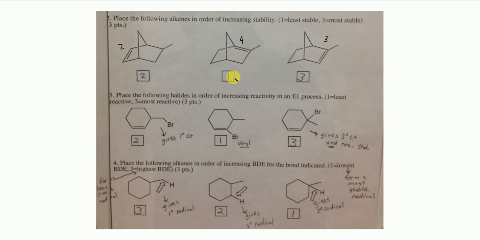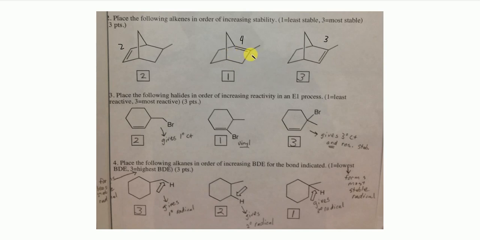The rule is that if your double bond is on the bridgehead carbon, the bicyclic compound must be at least, I believe, 7 or more carbons all the way around the ring. So this double bond is in a location we call the bridgehead carbon location, and for it to be stable there, the whole ring itself has to be 7 or more, I believe.